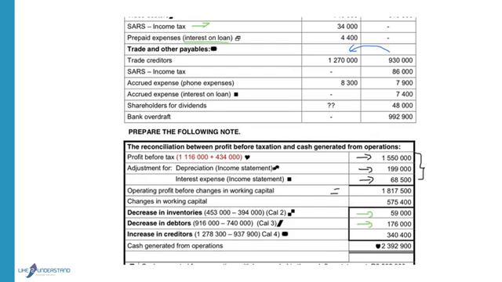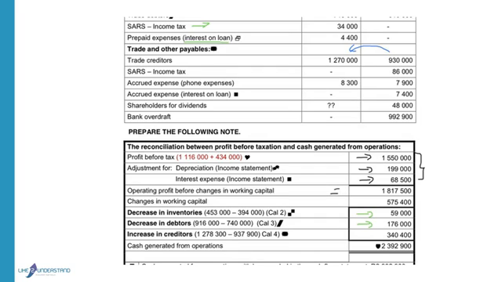That means that the creditors increased from the previous year to the current year. If there's an increase, the money was not paid to the creditors. The creditors financed the business, the business owes them more money, so this was an inflow of money.